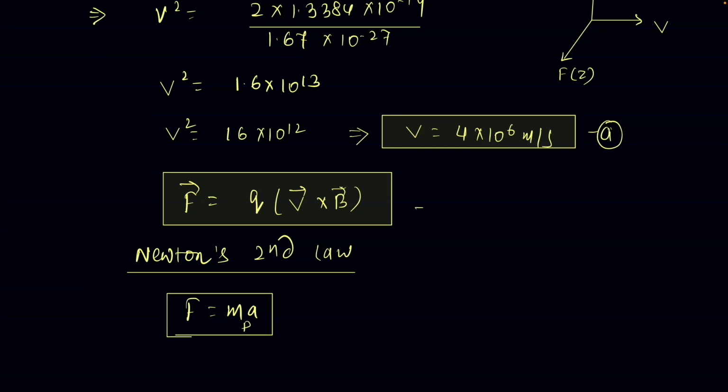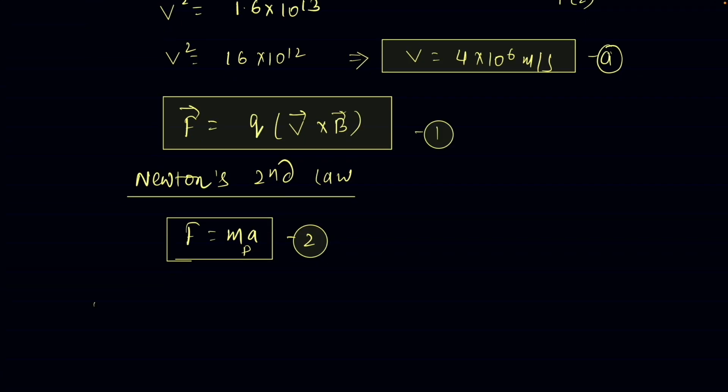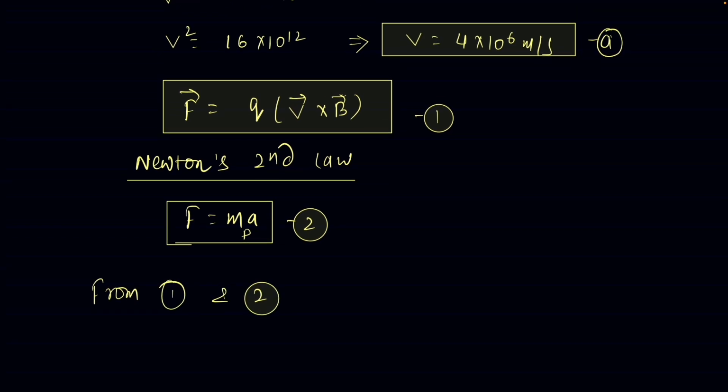So let's consider this as relation 1 and this as relation 2. From relations 1 and 2, we can write mass of proton into acceleration of proton is equal to charge of proton into velocity of the proton into the magnetic field.